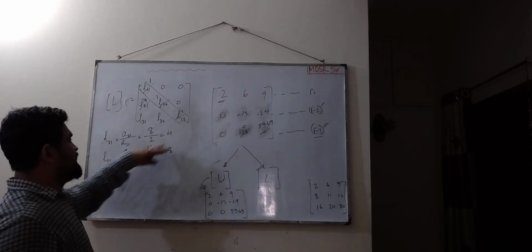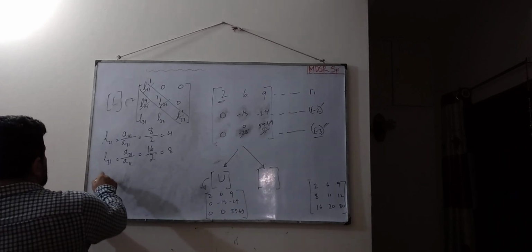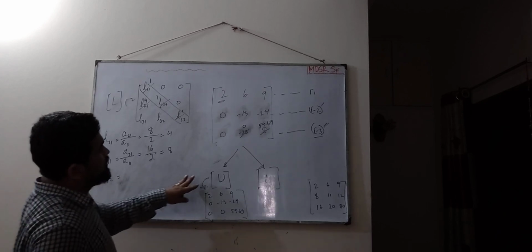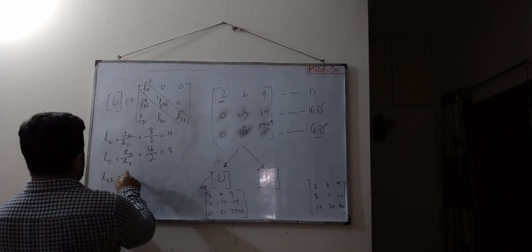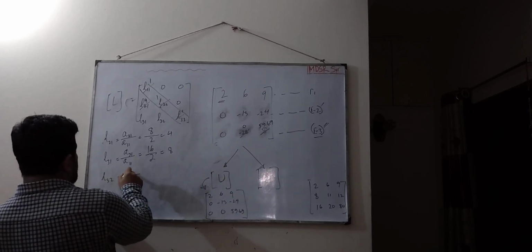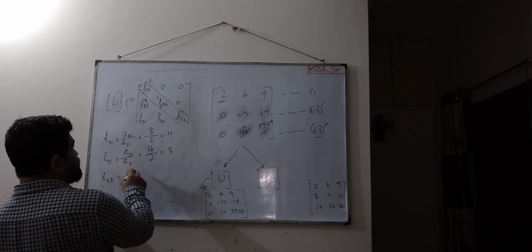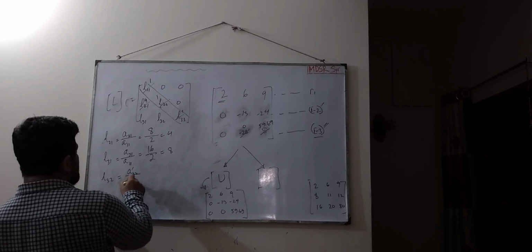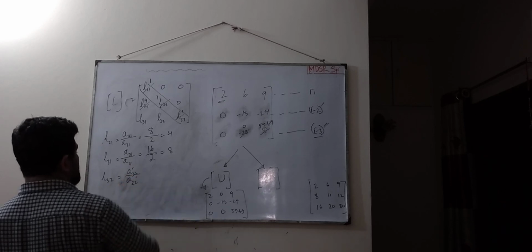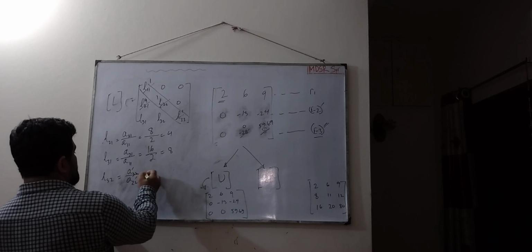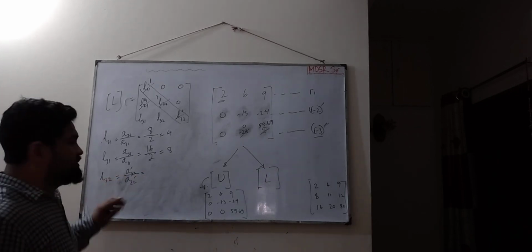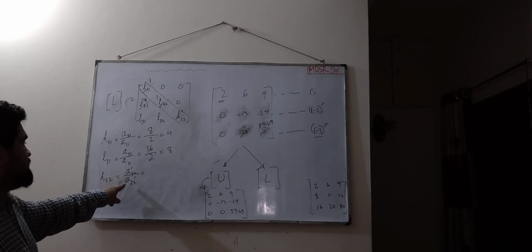And lastly, L32. L32 is equal to A32 prime by A22 prime.